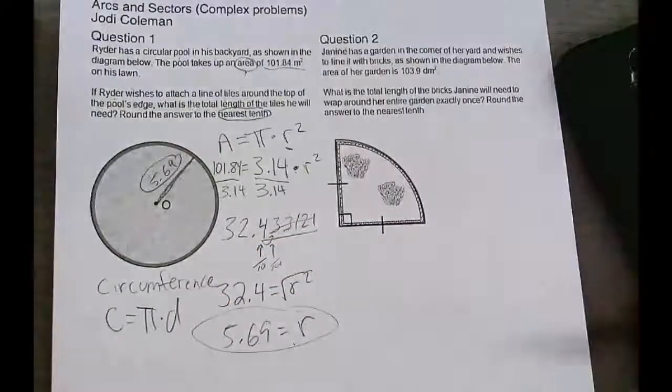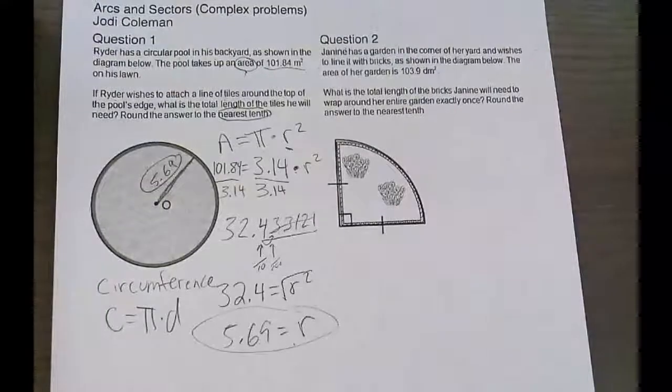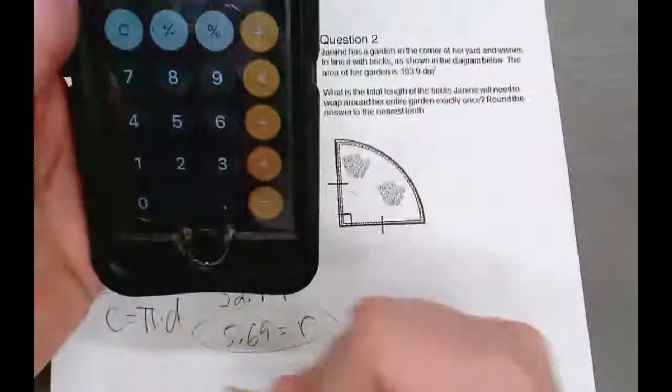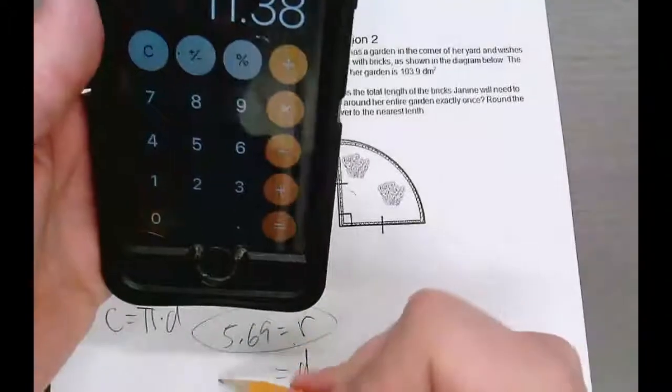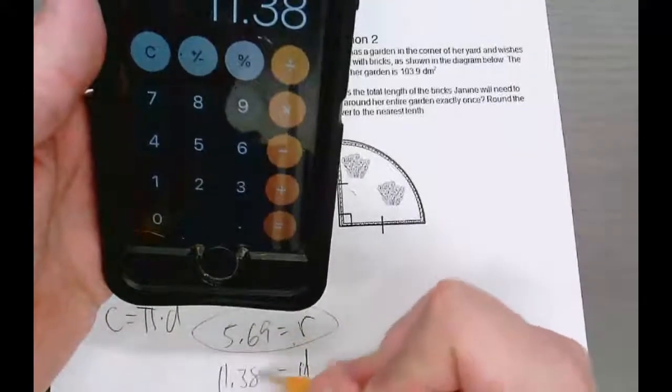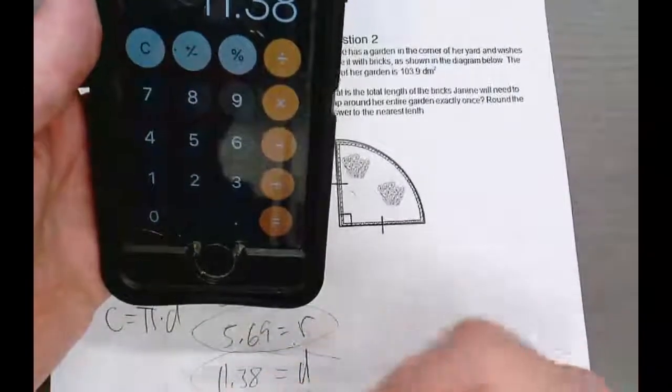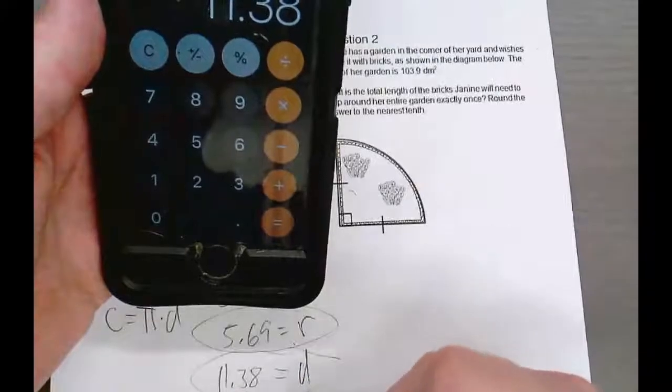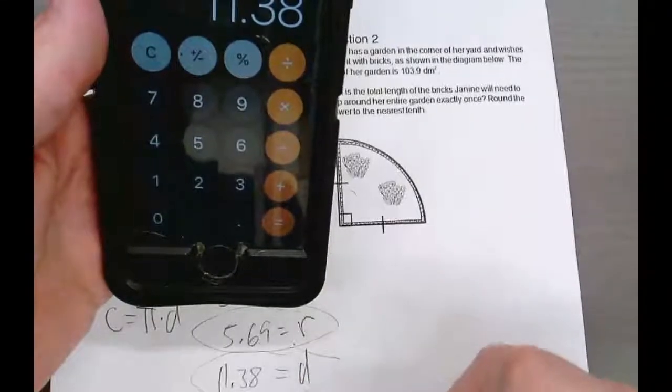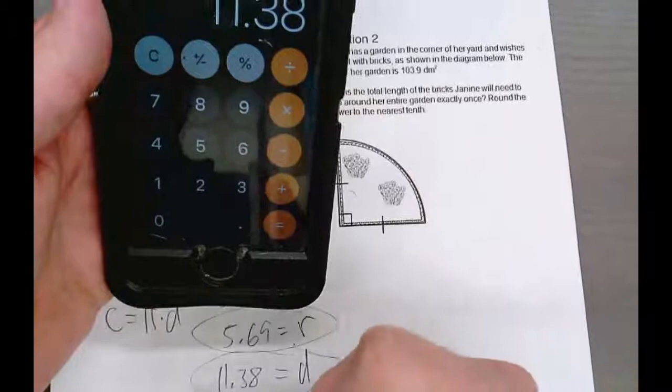So now I need to double the radius to get to the diameter. So I'm like, all right, 5.69 times 2 gives me a diameter of 11.38. Wonderful.